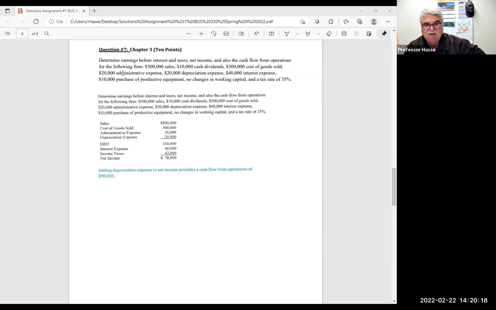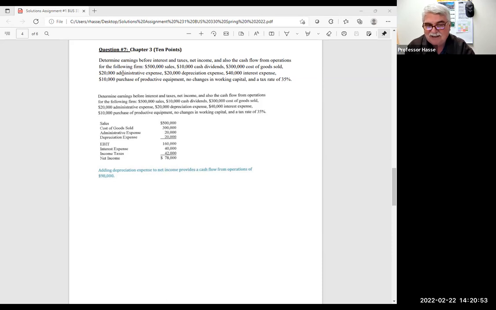So as you can see, I put this together. Sales minus the expenses of cost of goods sold, administrative expense, and depreciation expense give you earnings before interest and taxes of $160,000. Answer number one. You subtract $40,000 interest expense from that and determine the income tax of $120,000 times 35%. $120,000 is earnings before interest and taxes minus interest, and I get $42,000.